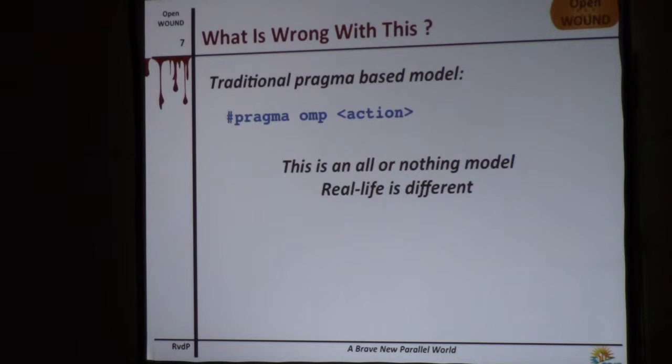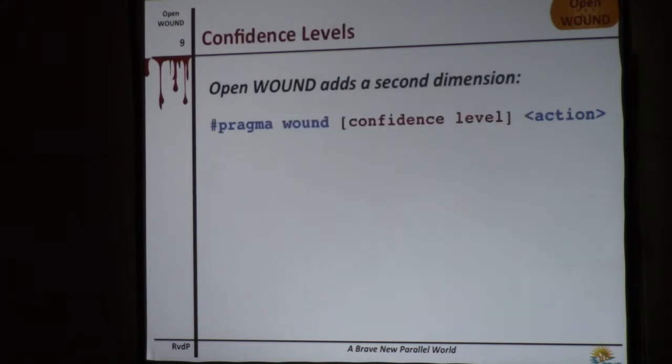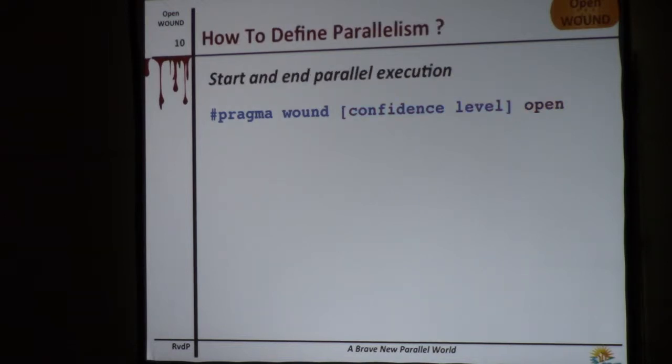So what I came up with is, in my model, I want to support confidence levels. That will give you the freedom to ask for help from the system while you maintain full control. And that's one of the things that makes this programming model fairly unique. We add a second dimension, that's the confidence level in addition to the action.